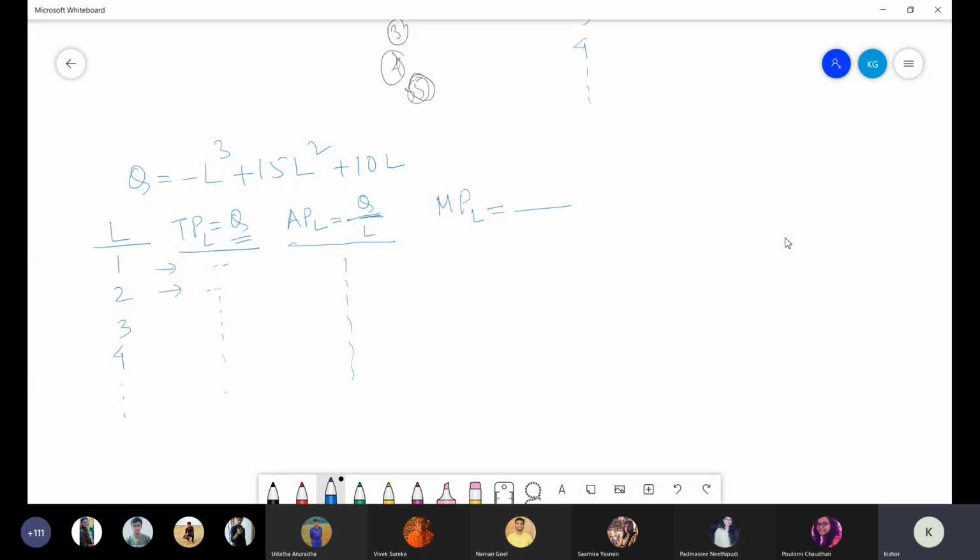That is the first order derivative of total product with respect to labor, or in other words, dQ by dL. Here you are getting different values of marginal product.